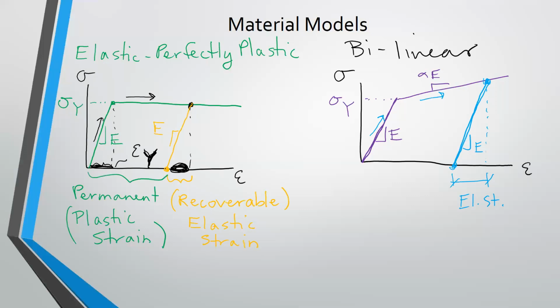Any questions? Yeah. On the first elastic perfectly plastic model, can the top line be any distance? Yeah. So you can kind of prove that the strains are the same by bringing the line all the way over to where it's almost non-existent and the triangles are over each other.